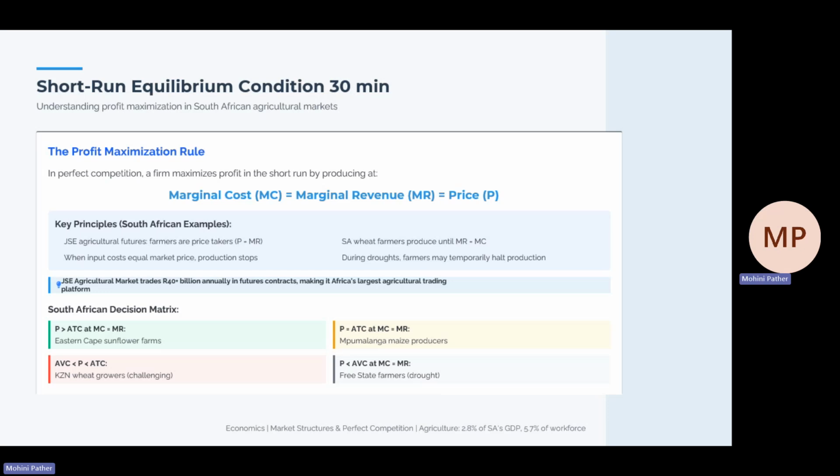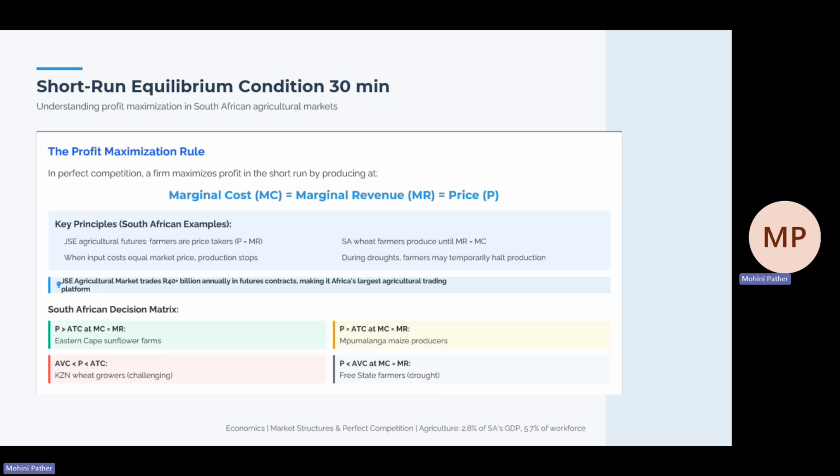The key decision point is when your price exceeds your average total cost. That is a point where you are making a reasonable profit. You have optimized your production levels because your marginal cost equals your marginal revenue. This is where Eastern Cape sunflower farms are currently situated.